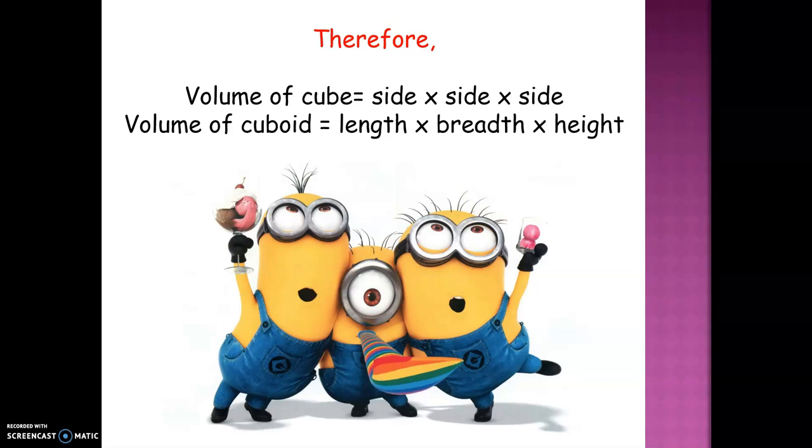But for volume of cuboid, length multiplied by breadth multiplied by height, they can vary. Any 2 dimensions can also be the same, or all 3 cannot be the same.